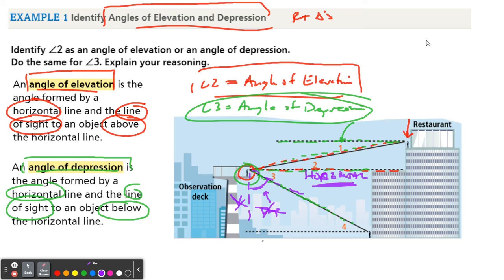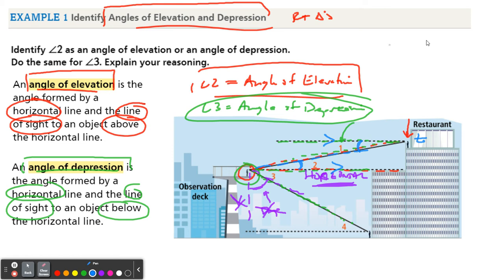Another thing to keep in mind, and let's use angles 1 and 2 as an example: both are formed by a horizontal and this common line of sight. You can treat the horizontals as parallel lines and the line of sight as your transversal. Angle 1 and angle 2 are alternate interior angles, so they're going to be congruent.